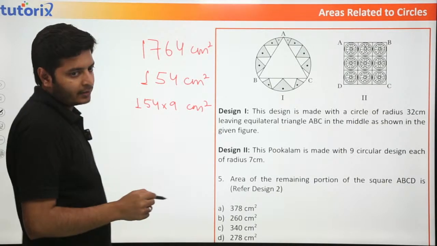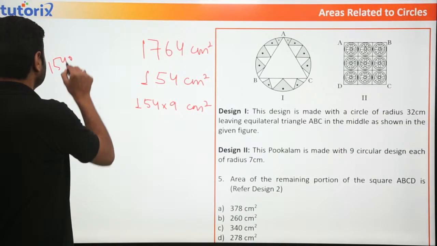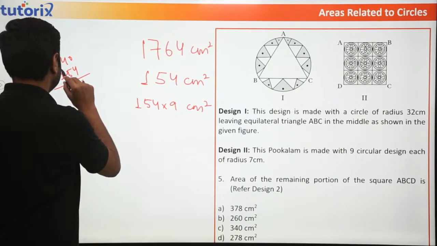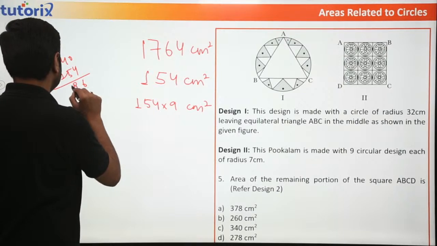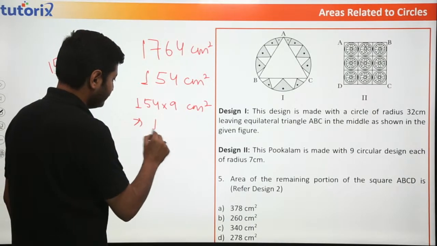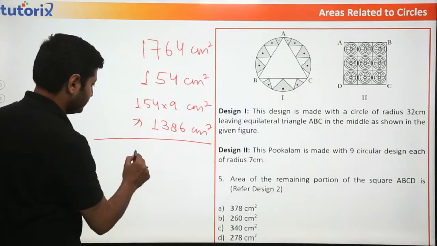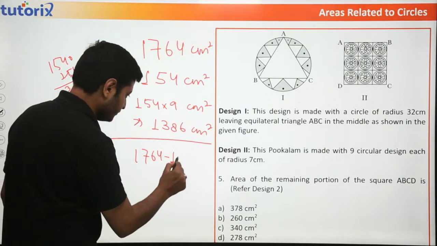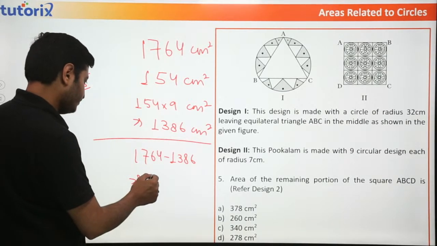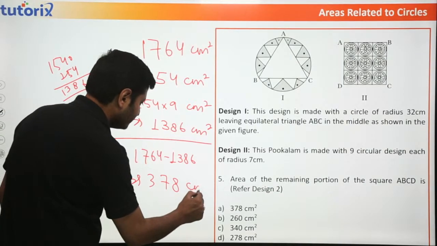What is 154 into 9? 1386 centimeter square. We need to subtract 1386 from 1764. That will be how much? 378 centimeter square.